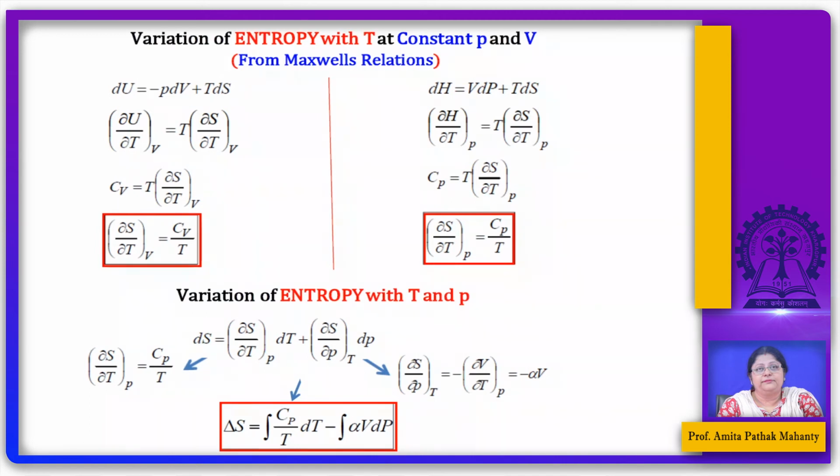That is nothing but the slope is going to give you the measure of Cv by T. And how do you get it? You get it from the fundamental equations. The fundamental equations are one dU and one dH. From the fundamental equation, how are you going to get this?